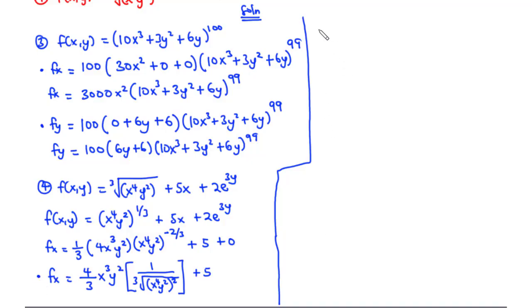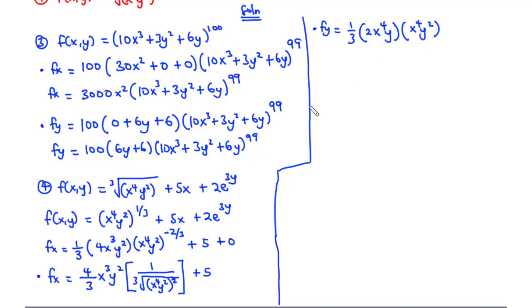Now for fy, for this same function, we are going to use again the shortcut method for the chain rule. We are going to drop down 3, we differentiate what we have in the brackets with respect to y, so that becomes 2x to the power 4 times y, and then we have the same thing, that is x to the power 4 y squared.